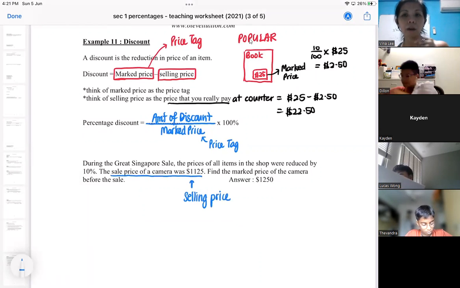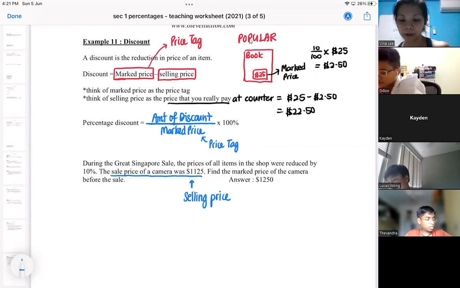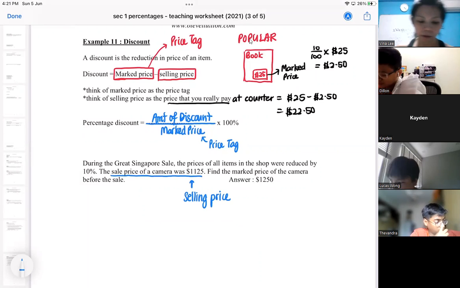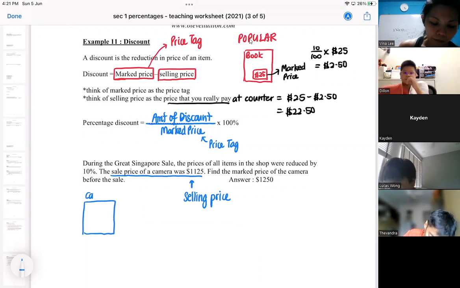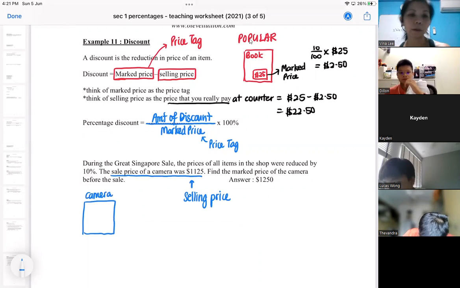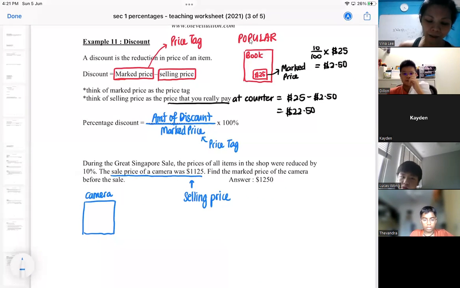This is the real amount that came out from your pocket. This one is a camera. There is a camera that you want to buy, maybe a GoPro. The question is asking you about the price tag. That means what is the price tag shown here?